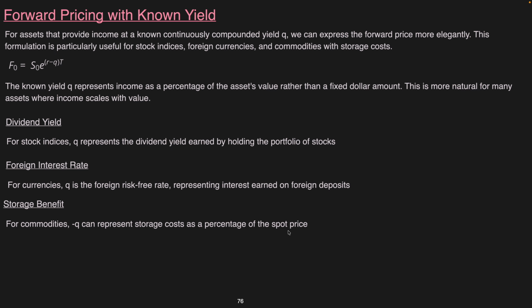See, storage cost will always get included. That's why now the yield is given a negative value. Here Q is positive, but as far as storage is concerned, it becomes minus Q. So the formula for forward pricing with known yield is given by F0 is equal to S0 into e to the power of (R minus Q) into capital T.